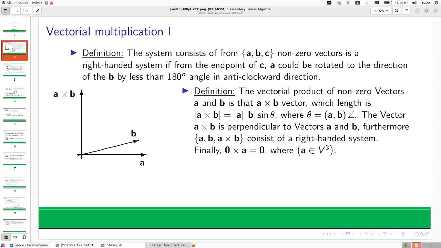And you can calculate the length if you calculate the length of the A and B vectors, and multiply with sine theta, the angle between the A and B vectors. Okay, if you do this multiplication with a zero vector, null vector, then the result is a null vector too.